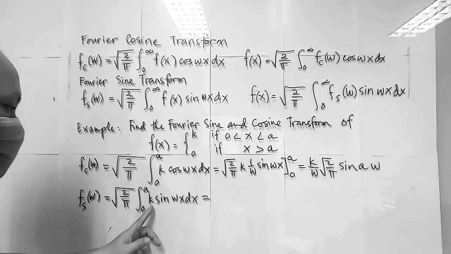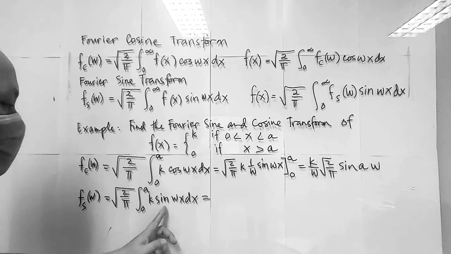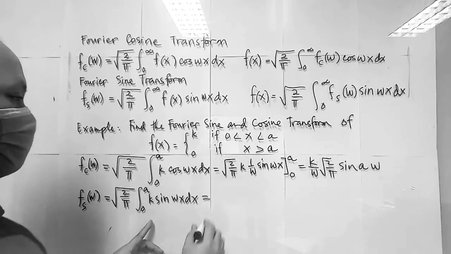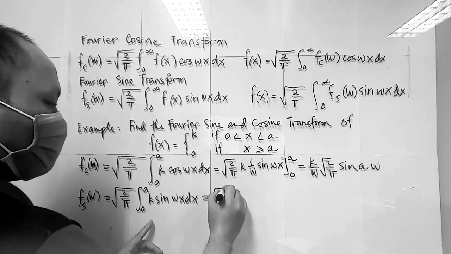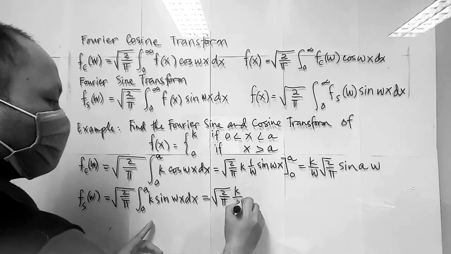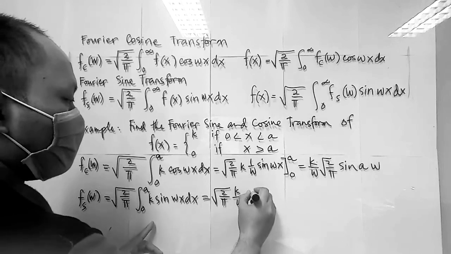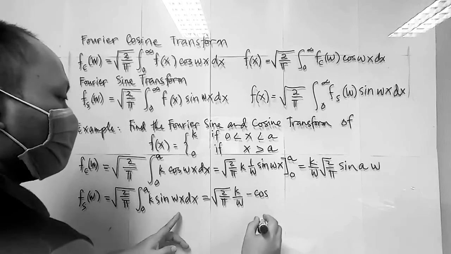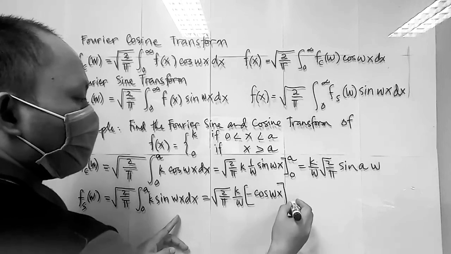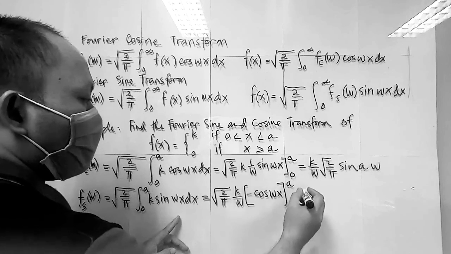Again this is a constant, so we will write this one as a constant, and the integral of sine wx equals negative cosine wx, with wx as your u, derivative of wx equals w. So you have here 1 over w. So it's square root of 2 over pi, k over w, negative cosine of wx with limits from 0 to a.